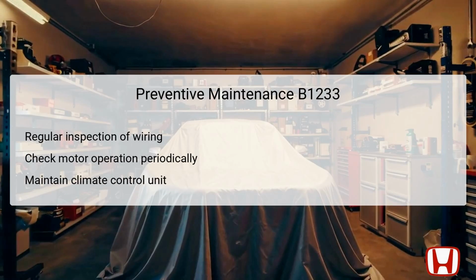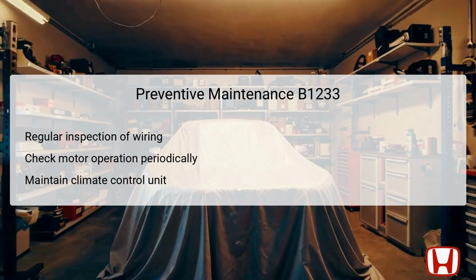Preventive maintenance is essential to ensure the air mix control motor and climate control system remain in optimal working condition in Honda Accord models. Regular inspections of the wiring connected to the air mix control motor should be performed to identify any fraying or wear that could lead to future issues. Furthermore, the operation of the air mix control motor itself should be checked periodically to confirm that it responds properly to driver inputs.